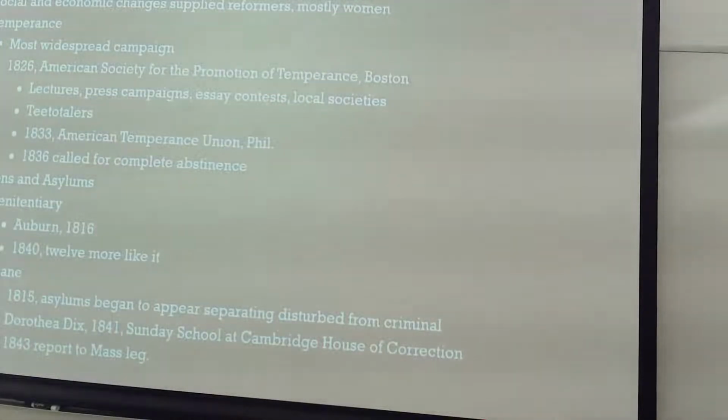Now, temperance was one of the biggest. It's probably the most widespread campaign, followed very closely by abolition, which is going to overtake it. And temperance people were very unyielding. We'll put it that way.